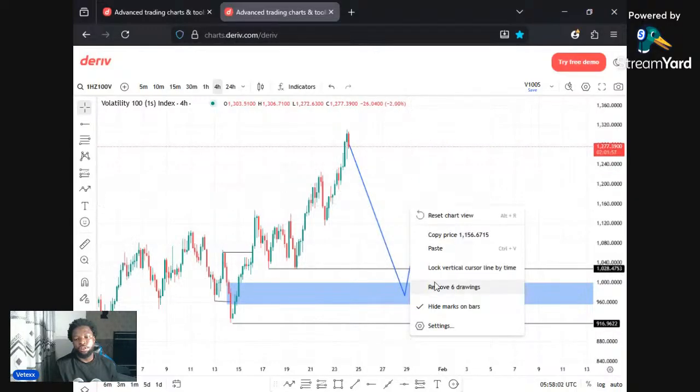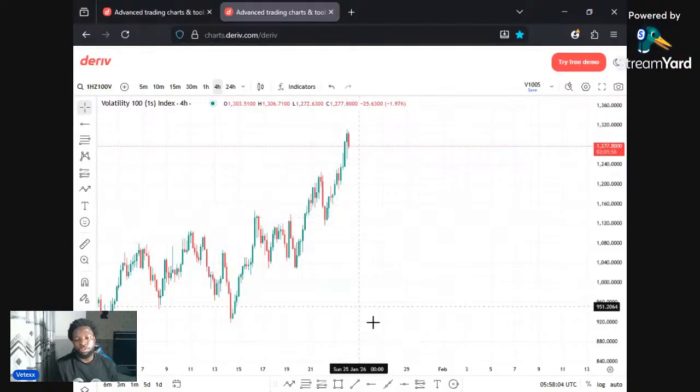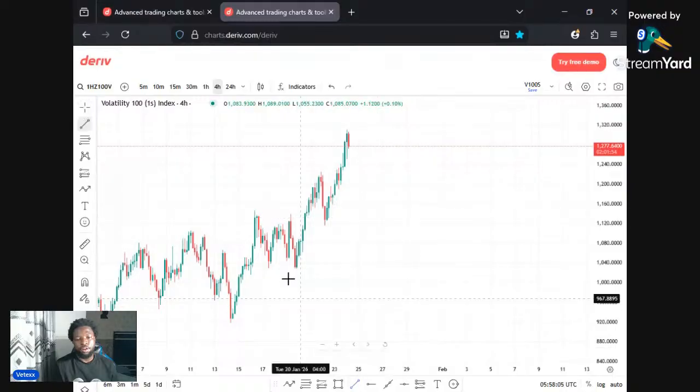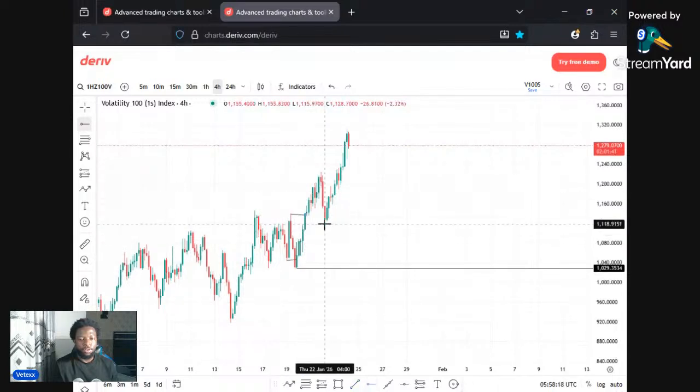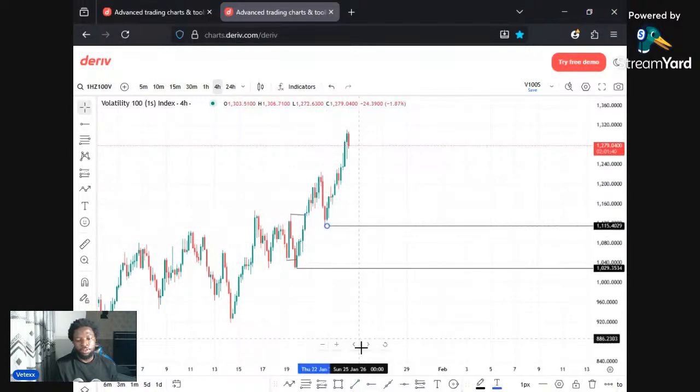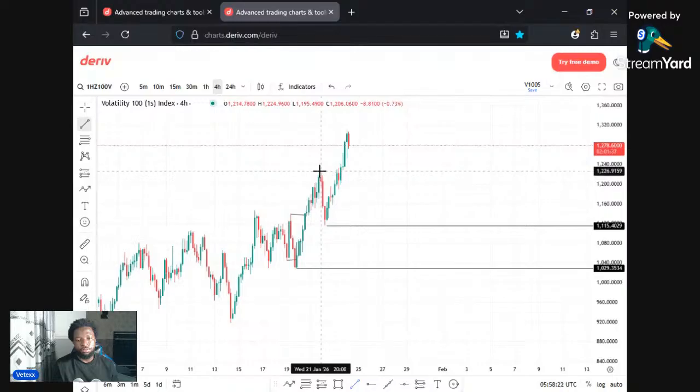But if it doesn't come back to this zone, we have another recent point of interest, which is here: our recent structure, our sweep, our protected low here, first break of structure, 50% retracement giving us our structural liquidity, second break of structure, and then we have our point of interest.